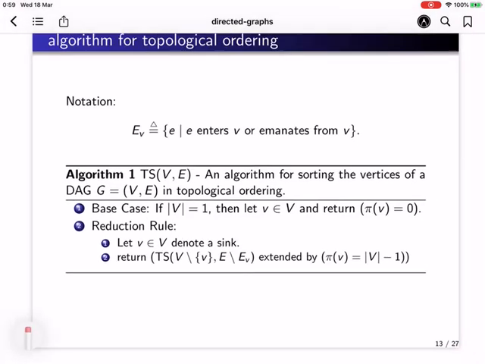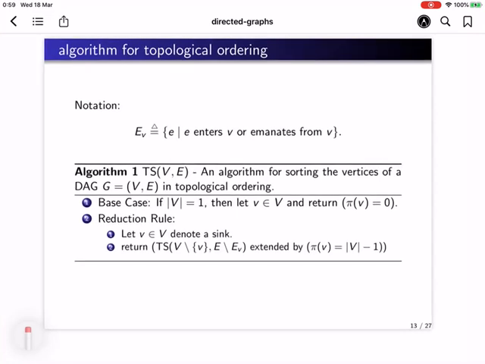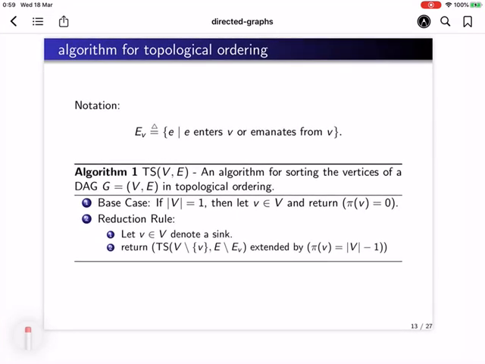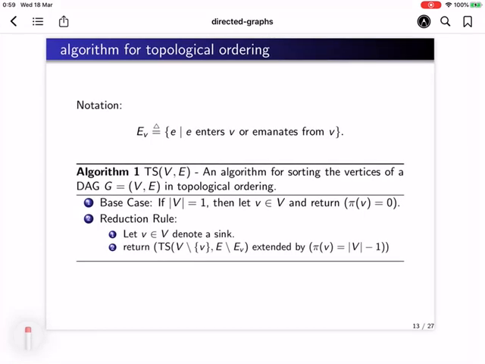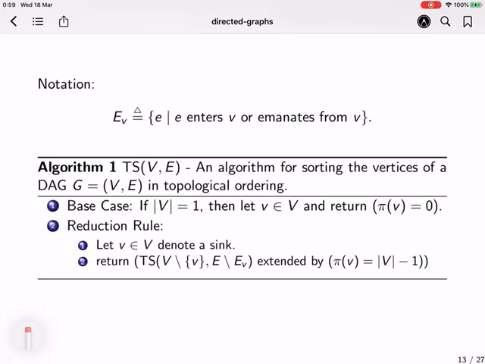I want to now describe an algorithm that, given a directed acyclic graph, computes a topological ordering of the vertices of the DAG. Okay? We call this algorithm TS for topological sorting.